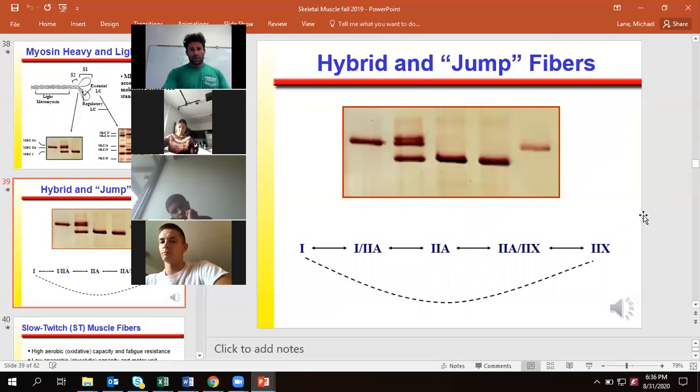These hybrid fibers, once again, are going to change based upon the stressors that you're applying to the body. So if we're going to be more of an endurance athlete, our 1/2A is going to convert to 1. Our 2A/2X is going to convert to 2A. Those hybrid fibers, all of them, are going to convert all the way to the type 1.